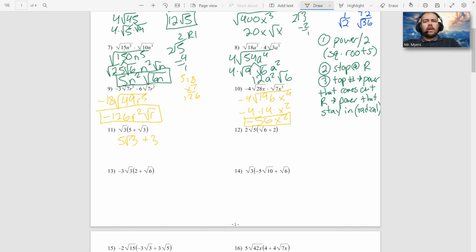Square root of 3 squared, when you multiply them, it cancels. Or you can say you multiply them, you get the square root of 9, 3 times 3, and the square root of 9 is 3. However you want to think about it is fine.